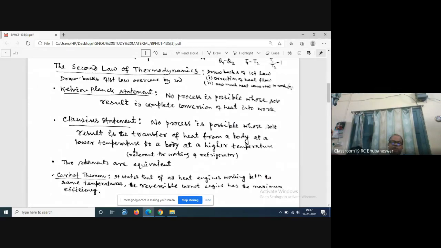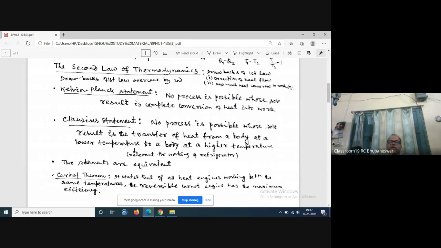The second law of thermodynamics is stated by two statements, the Kelvin-Planck statement and the Clausius statement. Both these statements are equivalent. They appear to be different, but they are equivalent. Now see what the Kelvin-Planck statement says.